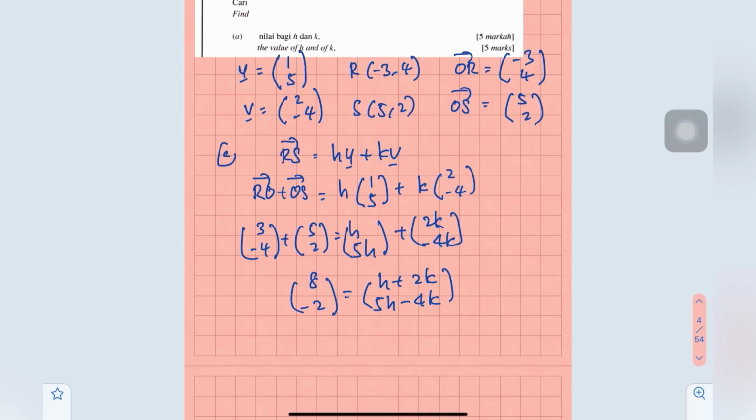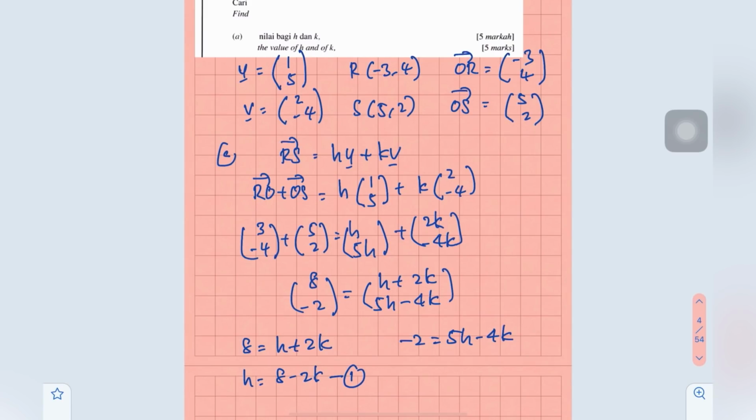Okay, lepas tu kita samakan atas dengan atas, bawah dengan bawah. Okay, vector i, 8 equals h plus 2k. Lagi satu negative 2 equals 5h minus 4k. So then kita boleh gunakan simultaneous equation. We have two unknowns and two equations. So h equals 8 minus 2k.